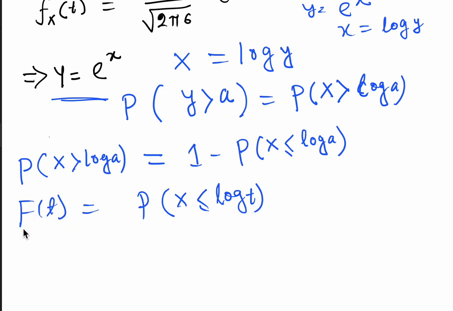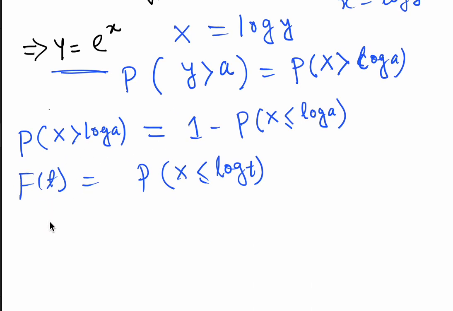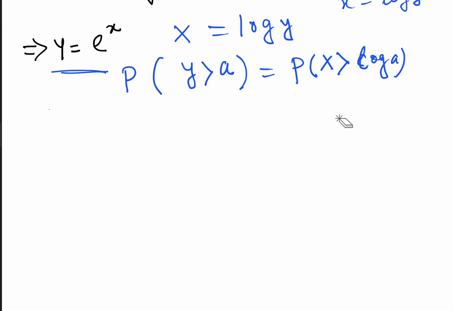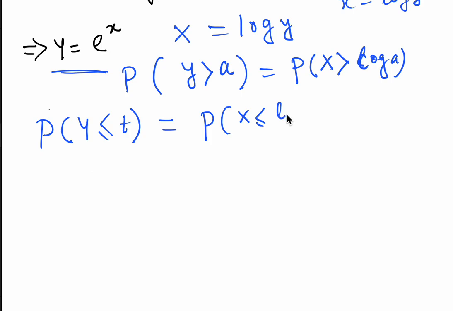So first let us calculate the cumulative distribution function. The cumulative distribution function of this y, suppose y less than or equal to some function t, is the probability of x less than or equal to log t.